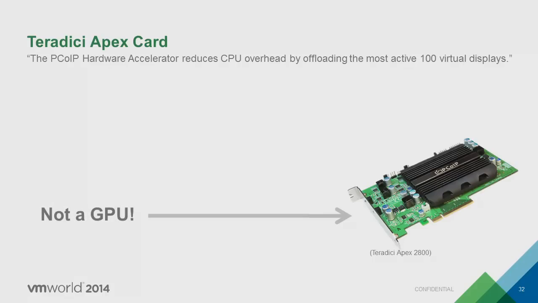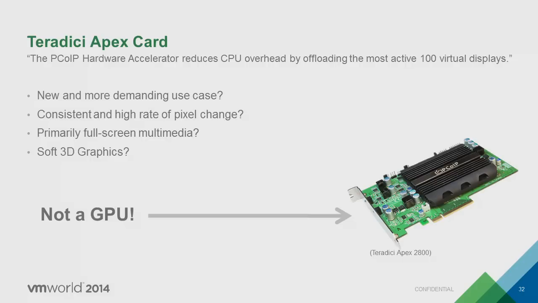A lot of people get confused and think it's a GPU. It's actually a hardware accelerator card that you install into your ESX hosts themselves. And typically when we see customers using this, and it's quite useful, say you already have your View environment, you've got a lot of virtual machines running on your hosts getting to like 80, 90% of contention. And then all of a sudden, your CEO decides that every month he wants to send out a video telling everyone how well the business has done.